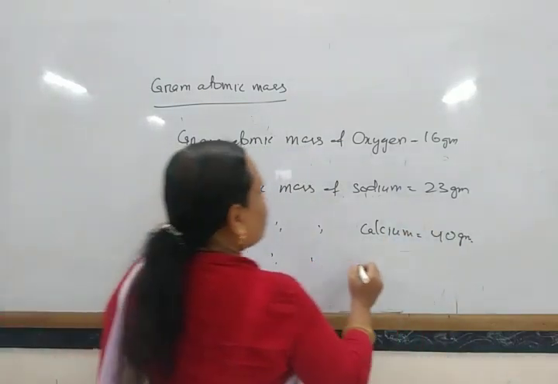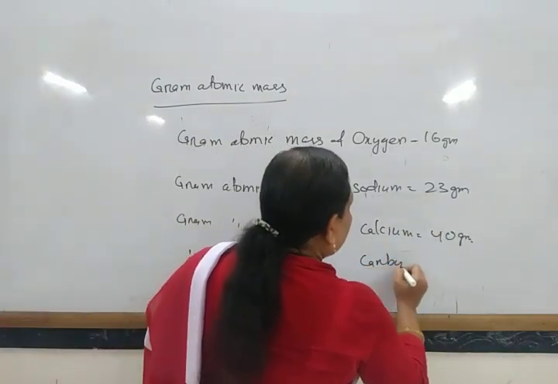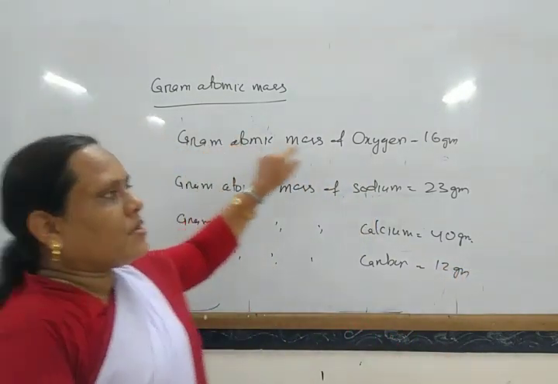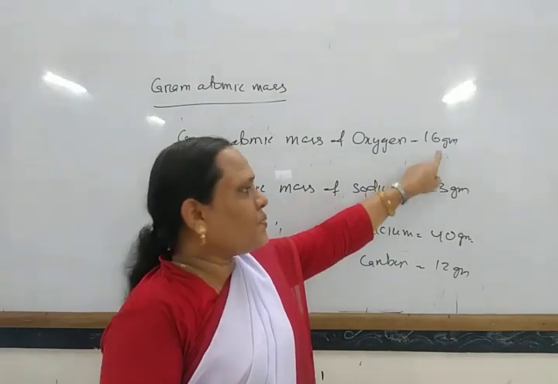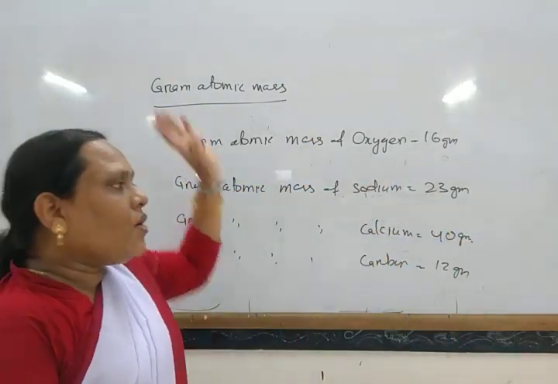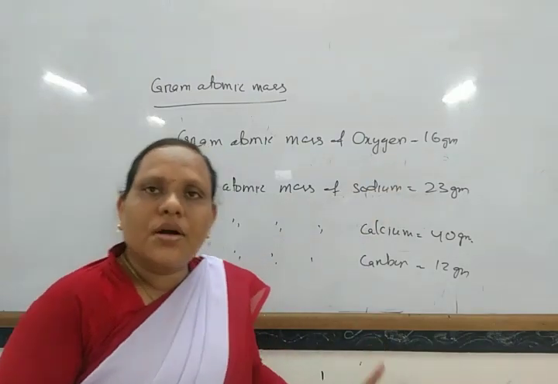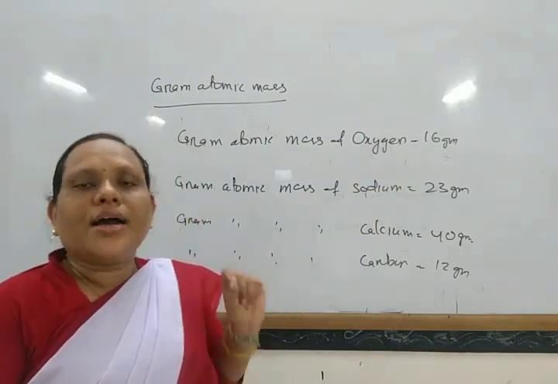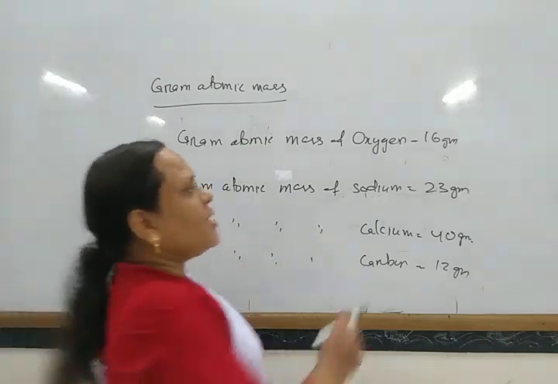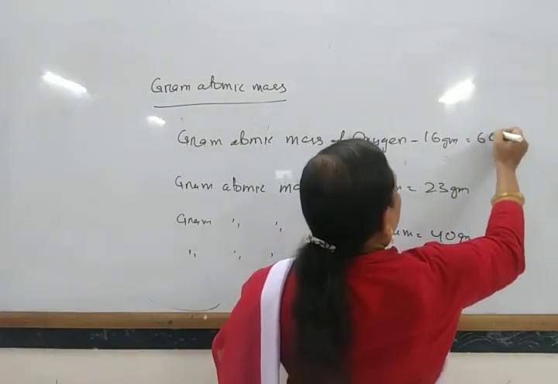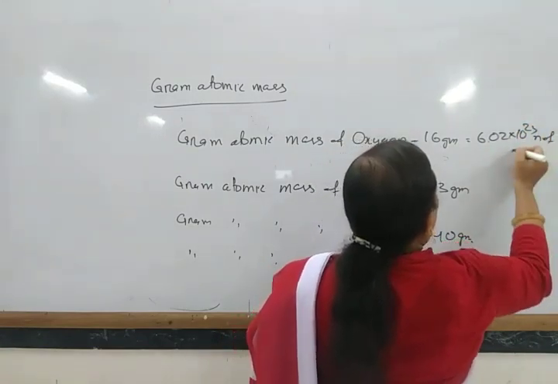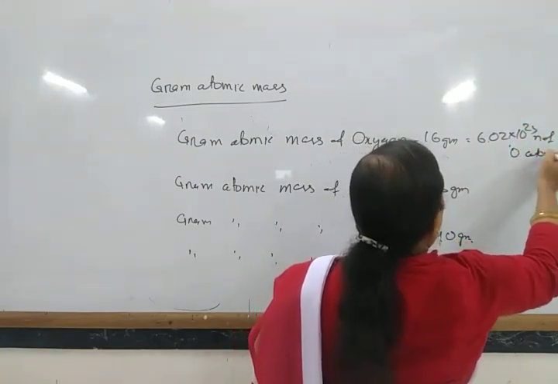The gram atomic mass of carbon is 12 gram. So when we consider gram atomic mass, take the atomic mass and put gram. All these are also called 1 gram atom, and that always contains Avogadro's number of atoms. So it contains 6.02 times 10 to the power 23 oxygen atoms.